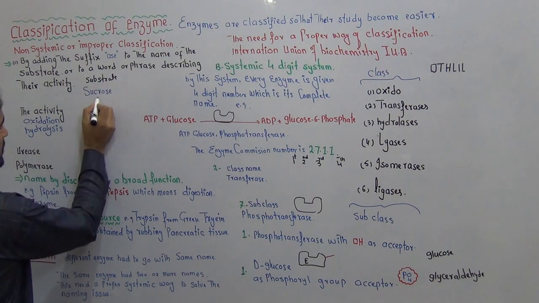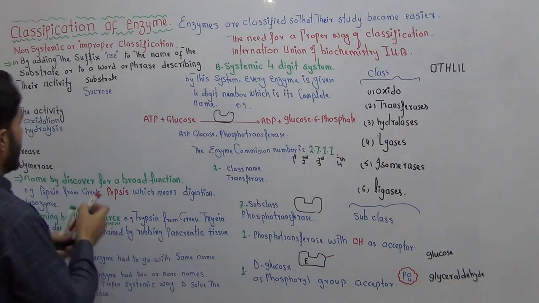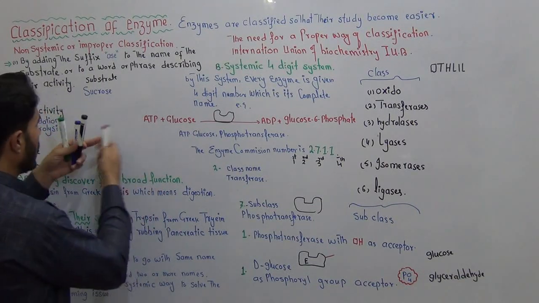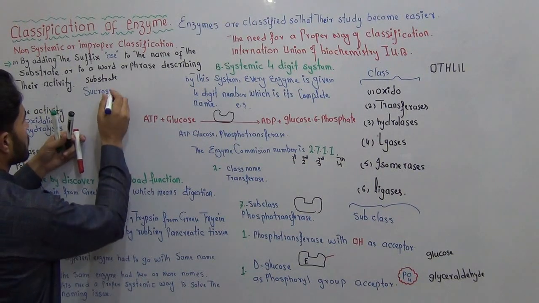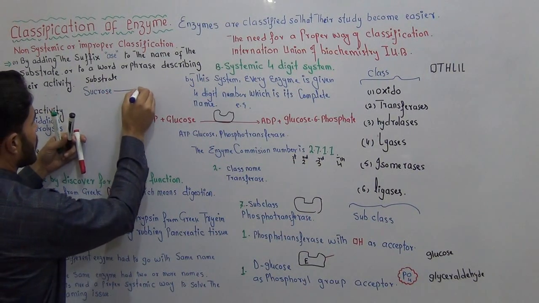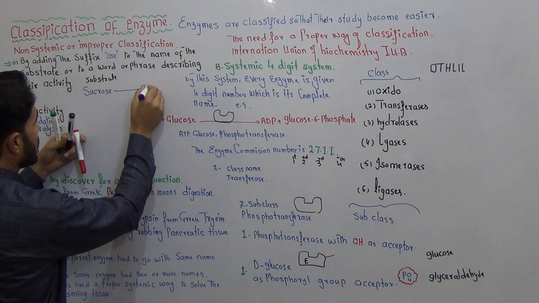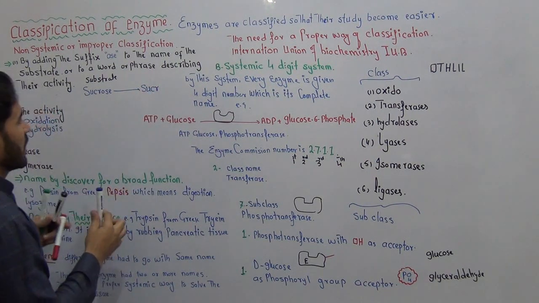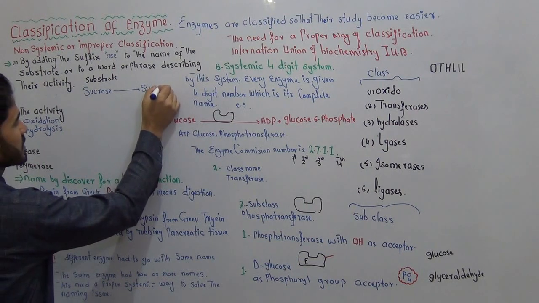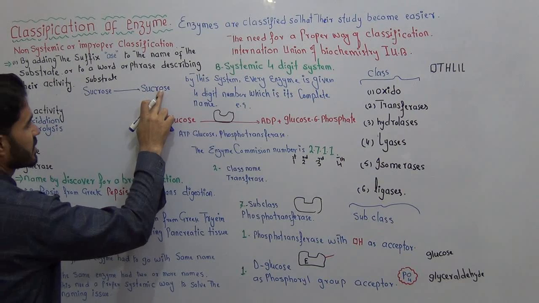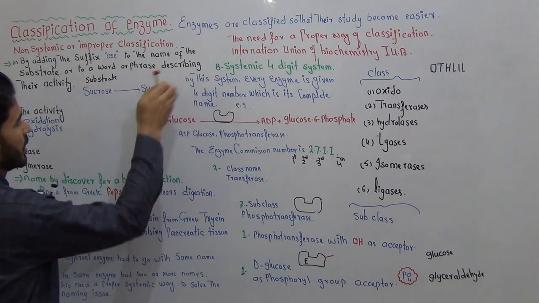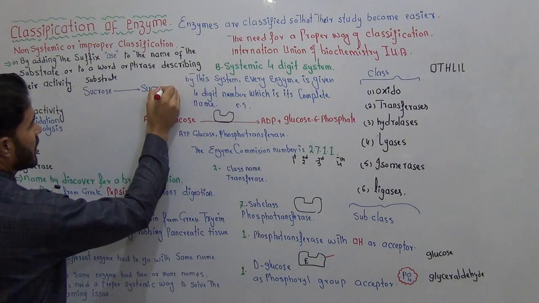This is our substrate, sucrose, and the enzyme which is acting on the sucrose will also be given the name suc-R. Now after R we will not add OSE. We will just remove this O and we will add the word ASE.